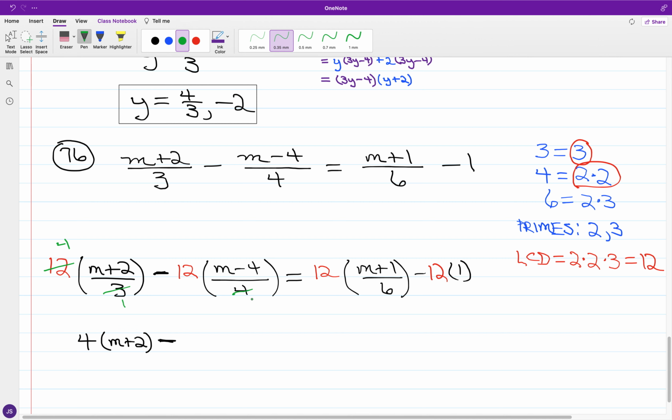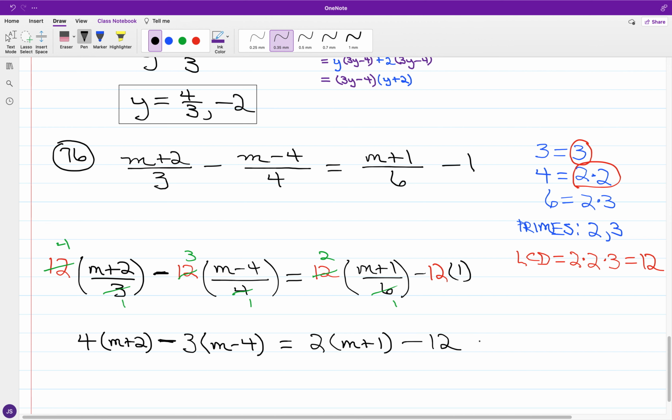Now 4 will go into 12 3 times, so we have subtraction of 3 times the quantity of m minus 4. For what we have to the right, 12 times m plus 1 over 6, and 6 will go into 12 2 times. So 2 times the quantity of m plus 1, and we have minus 12 times 1, which is 12.